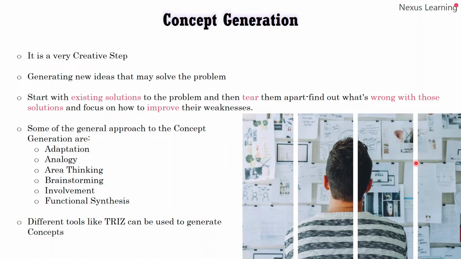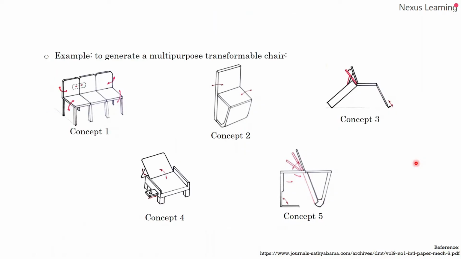So there are different tools like TRIZ and all those to generate new concepts. It is a 39 by 39 matrix, and it will give you a guideline, a base to start with new designs. This is one of the examples. This is one of the papers which I have published in an international journal.